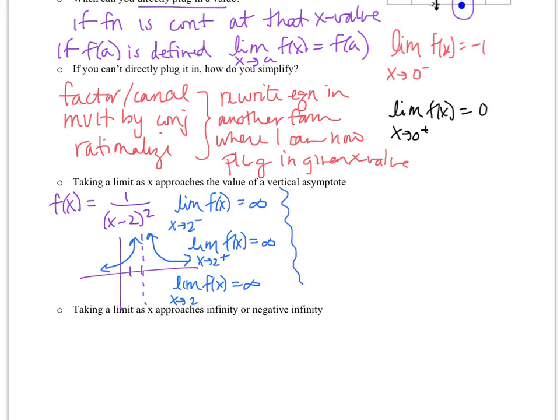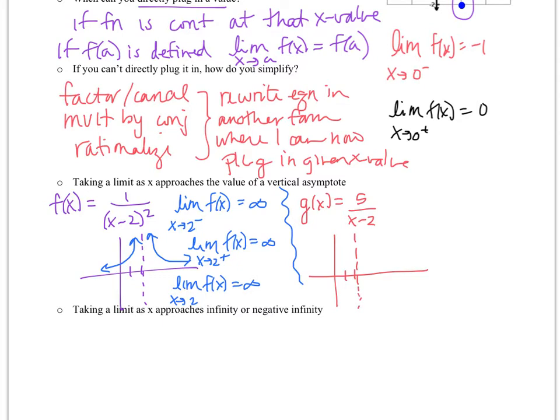Now let's say I had a different problem, and let's say I had g of x is equal to 5 over x minus 2. Now in this case, I still have the same vertical asymptote, so this graph would also have a vertical asymptote at x equals 2.